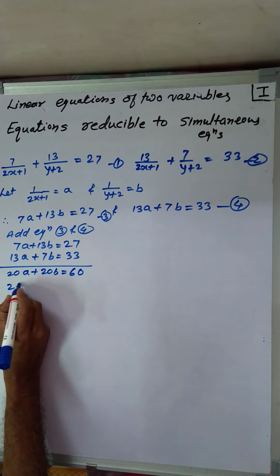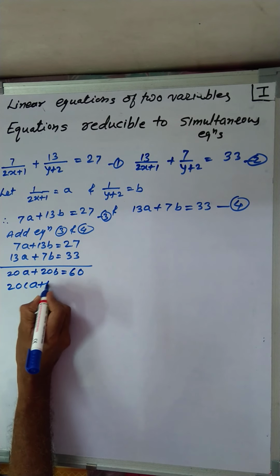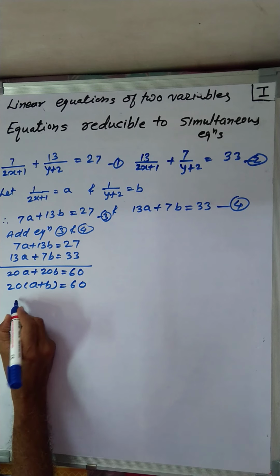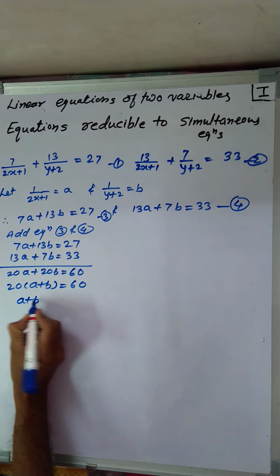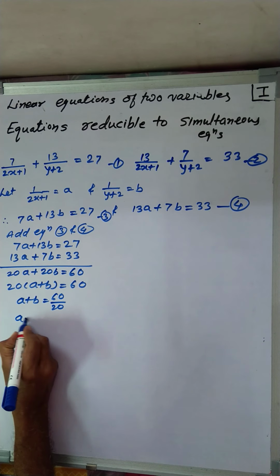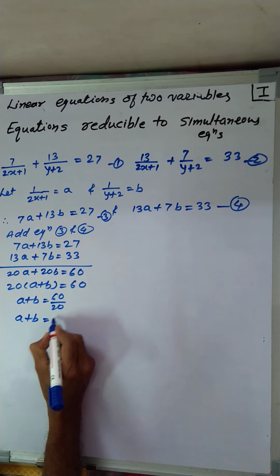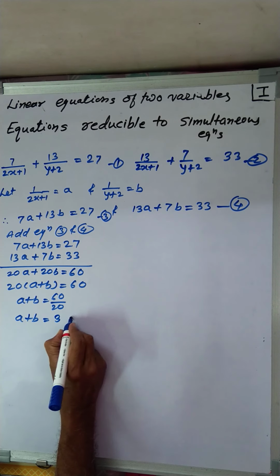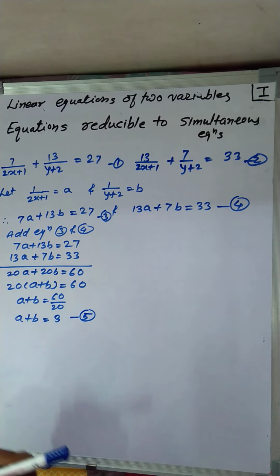Taking 20 common, a plus b is equal to 60 upon 20, hence a plus b is equal to 3. That is our fifth equation.